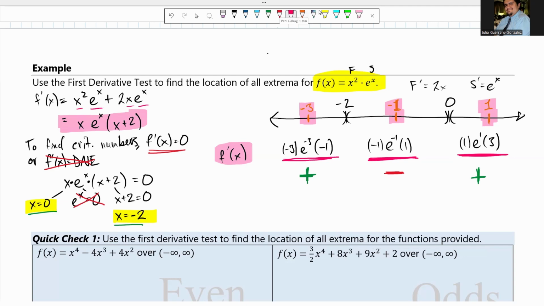So now what I'm going to do is use my blue pen because I'm dragging down those two critical values. We know that at those two critical values there's either going to be a maximum or a minimum.